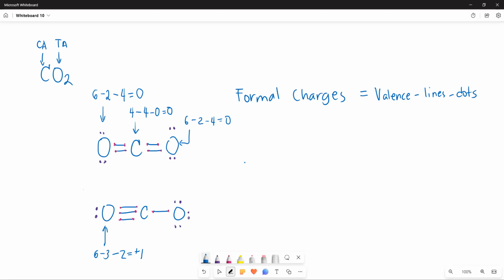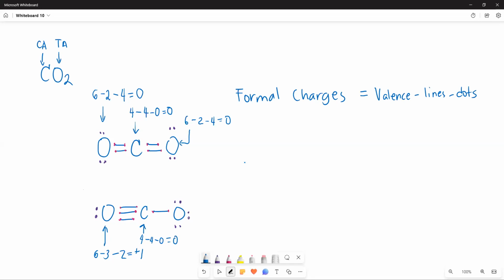So next we have the carbon. What is the valence electrons? So valence electrons is 4 valence electrons in group 4. We have 4 lines here and 0 dots around it. So 4 minus 4, 0.